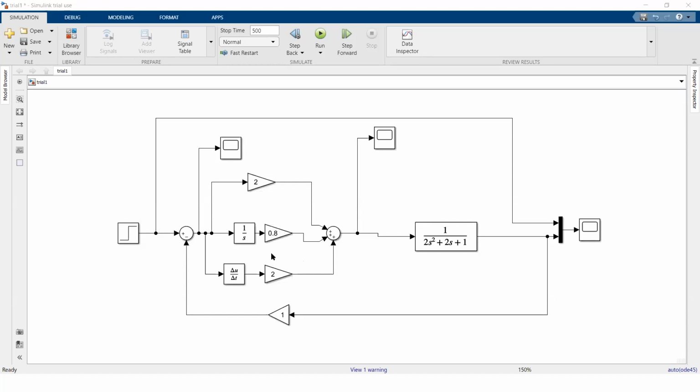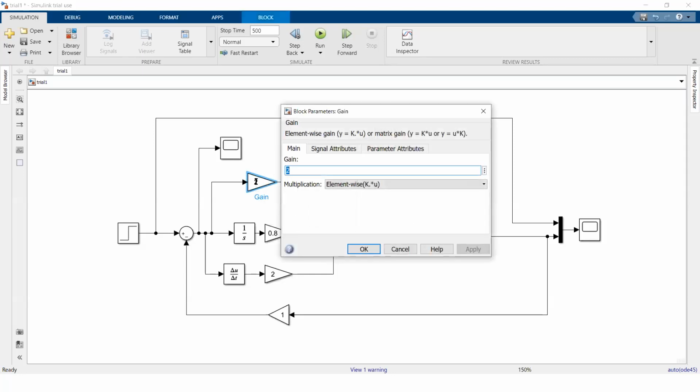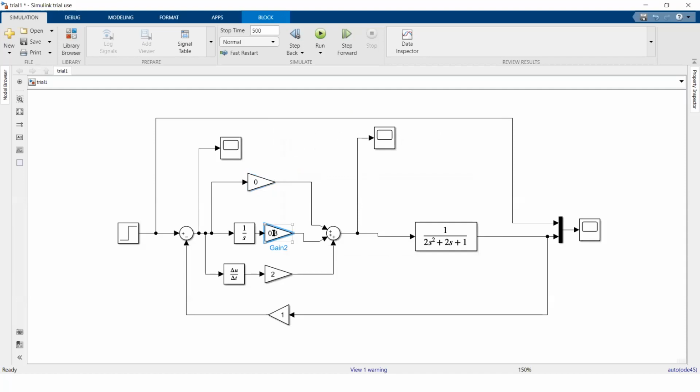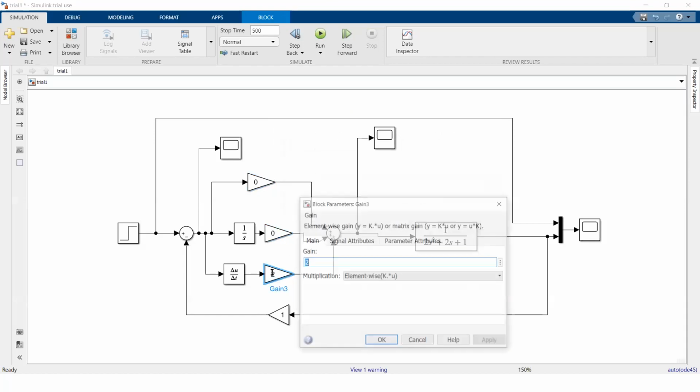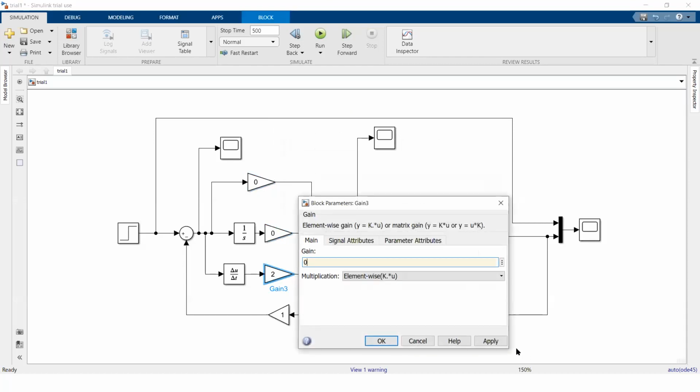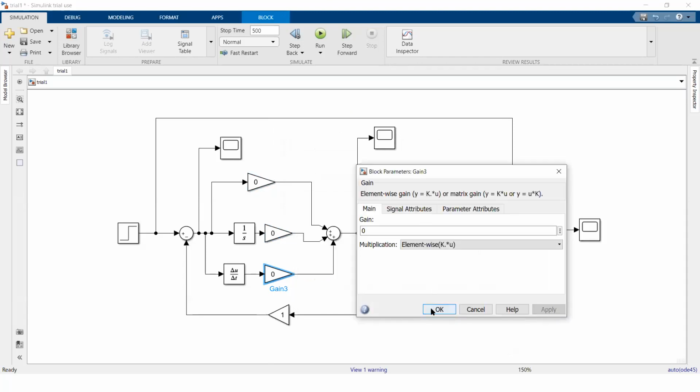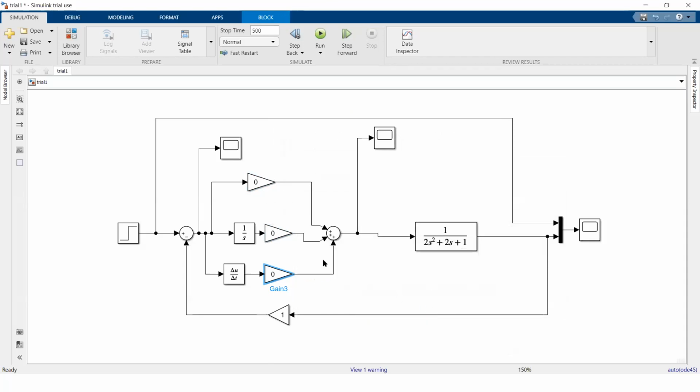If I put all 0, what will happen? It won't work, sir. If I put all 0, the total is 0, 0 plus 0 plus 0, so 0 is coming out of this.